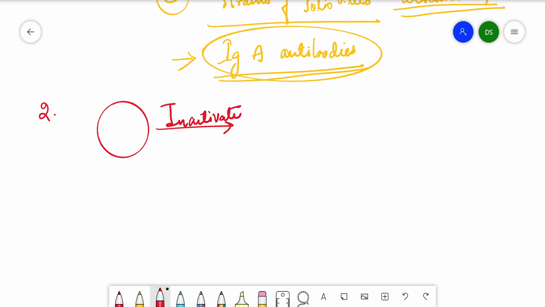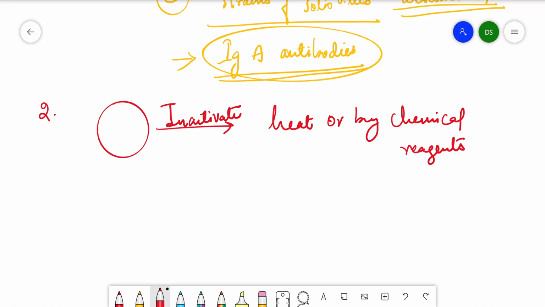How do we inactivate these pathogens? We inactivate them by heat or by chemical reagents. By these two methods we can inactivate these pathogens.